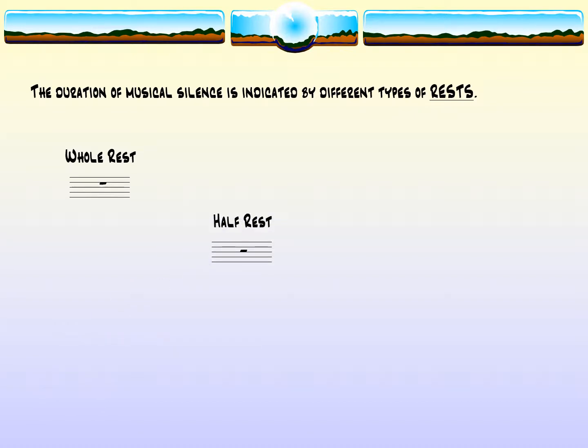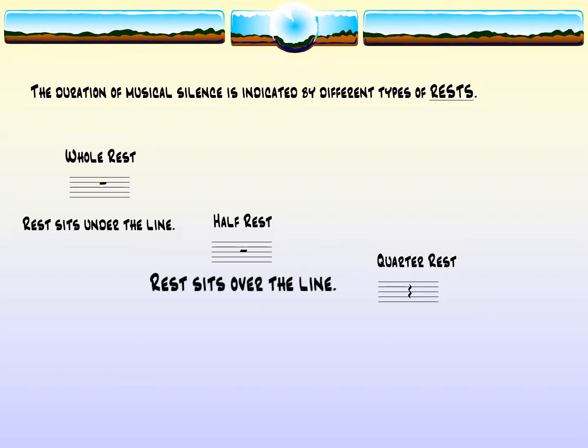The half rest sits on the line. A quarter rest is a kind of squiggle that usually runs over the fourth, third, and second line. The rest sits under the line, sits over the line.